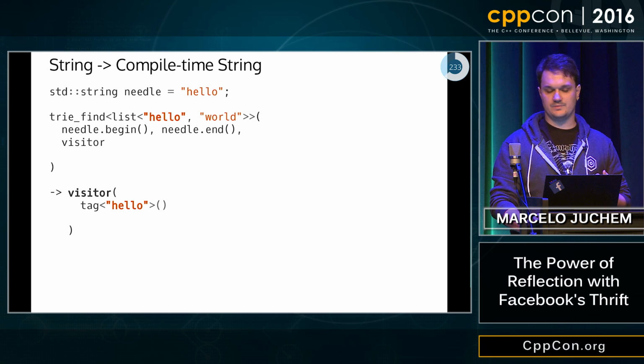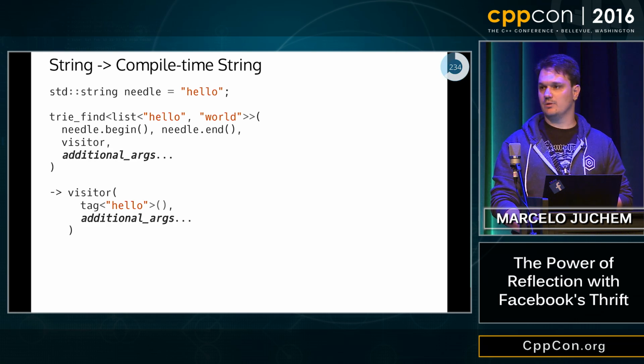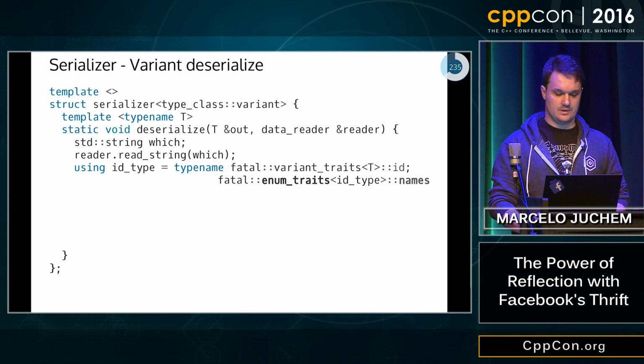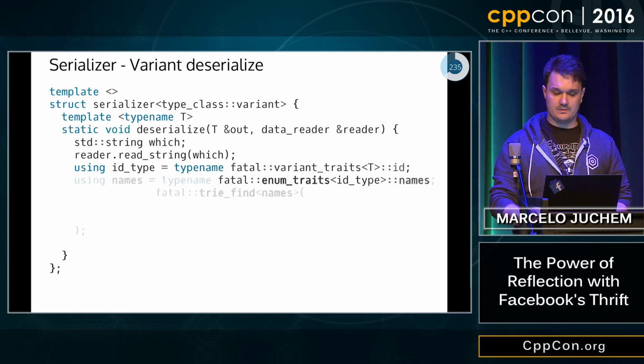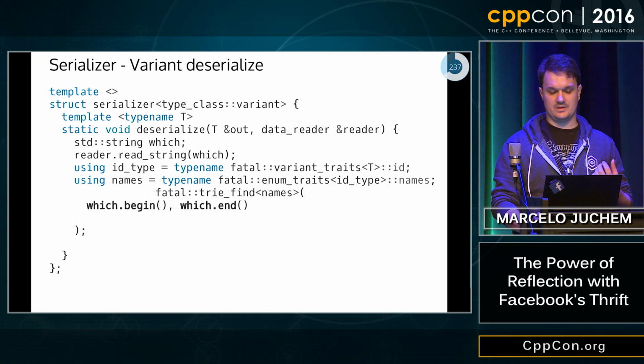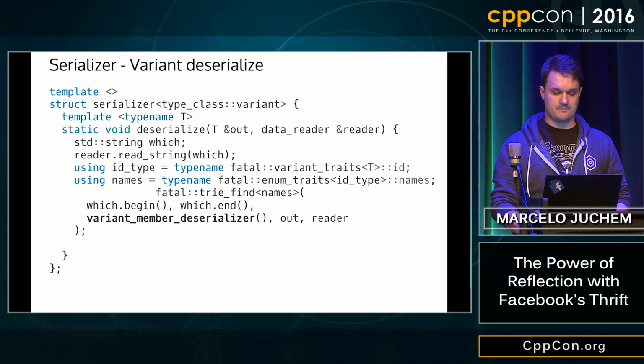The visitor will be called with a string if there's a match, and it will pass along any additional arguments you have. Same thing we said before. And it will also return you a Boolean telling you whether there was a match or not. And then with that in mind, we can call try find. So we pass the string to it, so we will perform the correct lookup, and we pass the visitor to it.